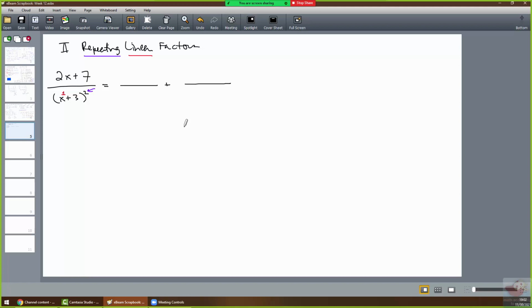What I mean by that is we'll have one denominator that is x plus 3, and then another denominator that is x plus 3 squared. This counting up is because the first denominator is technically x plus 3 to the first, and the second is x plus 3 to the second. We just don't write the exponent of 1. There's no need for that.